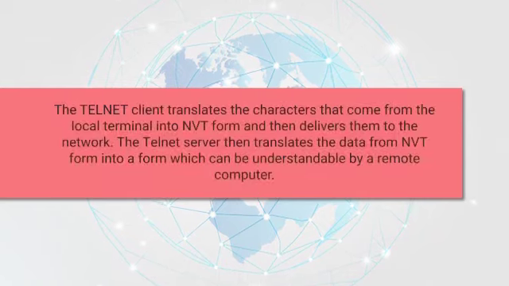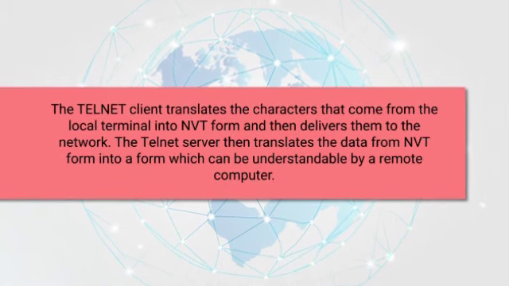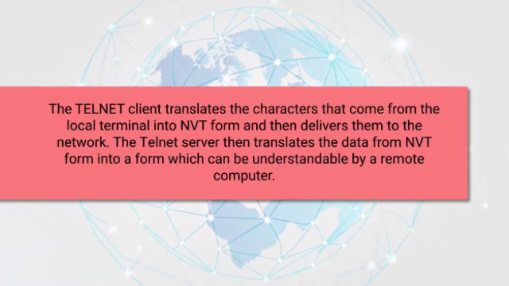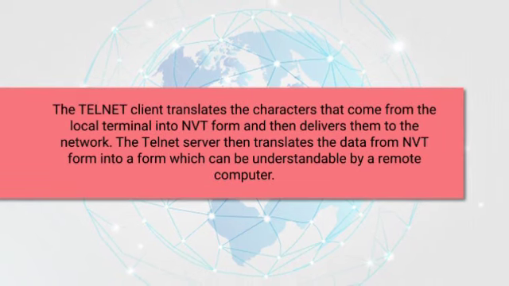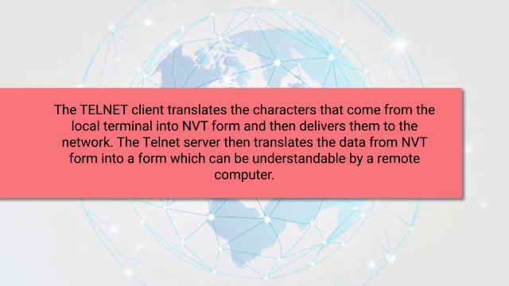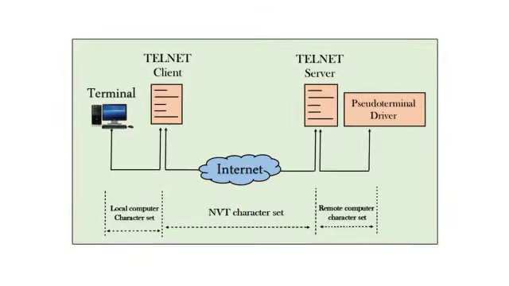The Telnet client translates the characters that come from a local terminal into NVT form and then delivers them to the network. The Telnet server then translates the data from NVT form into a form which can be understood by a remote computer. So this is a typical example of an NVT system, which you can look at.